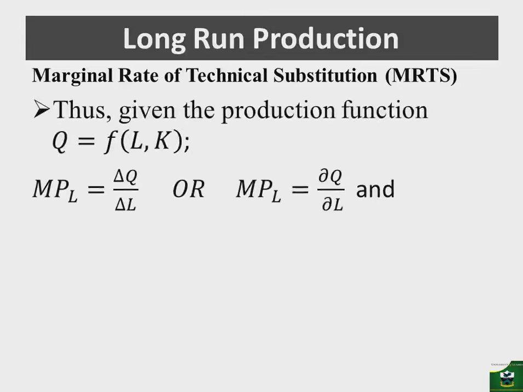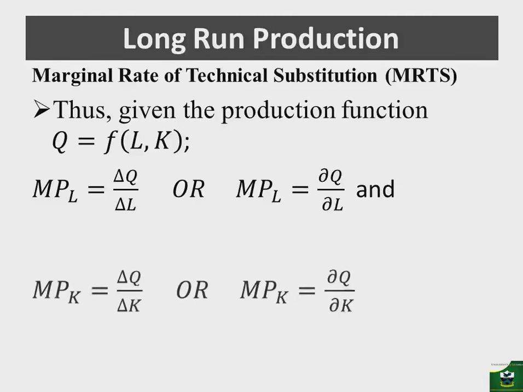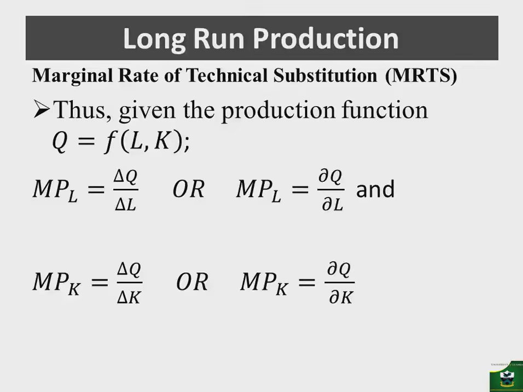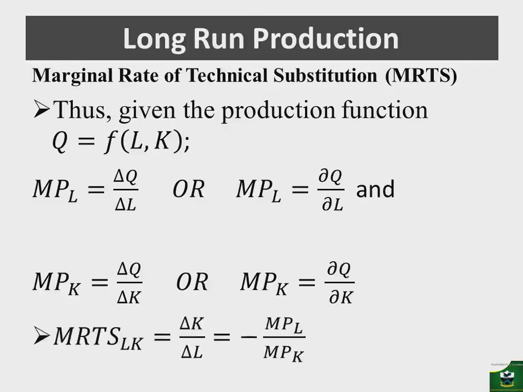Now, simply defined, the marginal product of labor is the change in quantity divided by the change in labor, and the marginal product of capital is the change in output divided by the change in capital. With these two, we can then define our marginal rate of technical substitution of labor for capital as the change in capital divided by the change in labor.